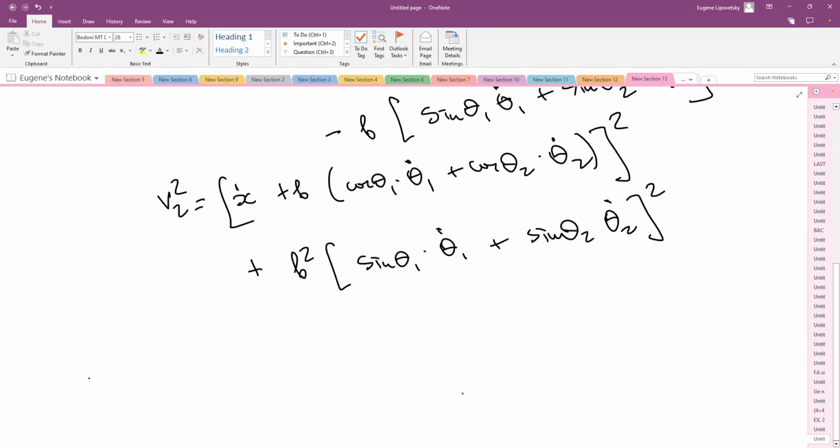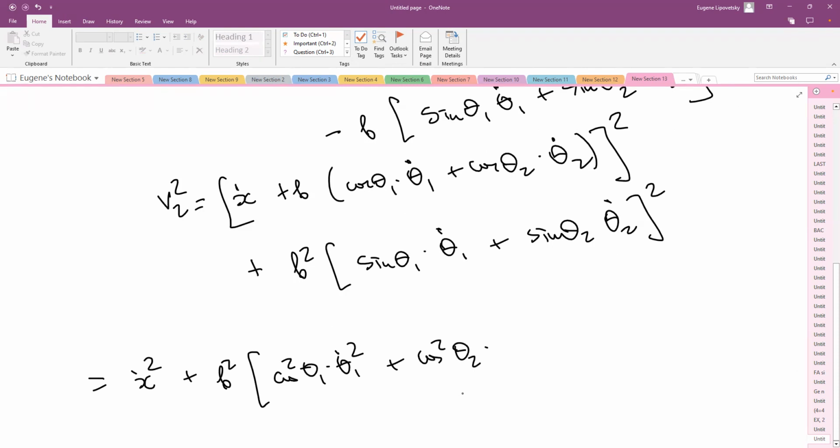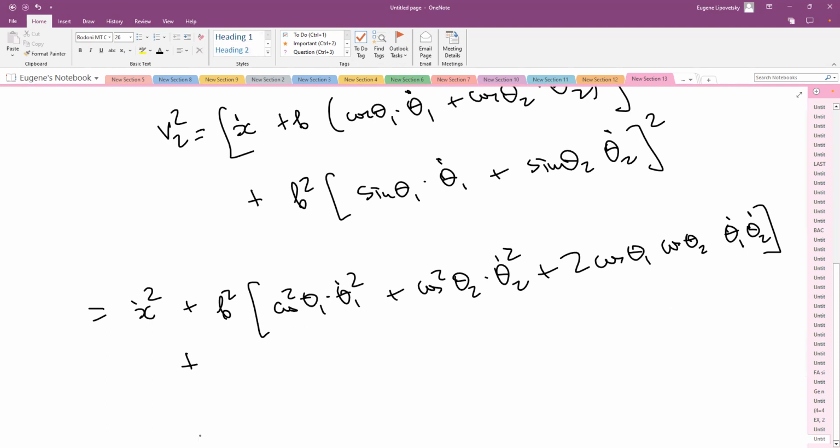Now we have to square and carefully combine the pieces. So here we have three terms, so we'll have x dot squared plus b squared, and there will be the square of this parenthesis, which is going to be cosine squared of theta 1 times theta 1 dot squared plus cosine squared of theta 2 times theta 2 dot squared plus 2 cosine theta 1 cosine theta 2 theta 1 dot theta 2 dot, and plus the double product here, which is going to be plus 2 x dot b, and there's going to be cosine of theta 1 times theta 1 dot plus cosine of theta 2 times theta 2 dot.